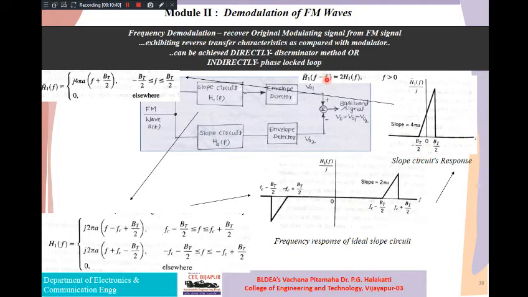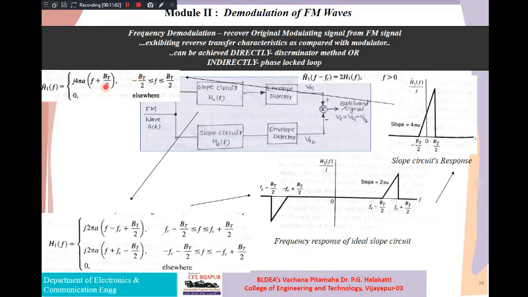That is the meaning. We need to apply some shifting operations here. That should be equal to twice the transfer characteristics of the ideal slope circuit. If you want, you can say this is the practical slope circuit's response, having the slope 4 pi a, not 2 pi a here. It is going to be 4 pi a here.